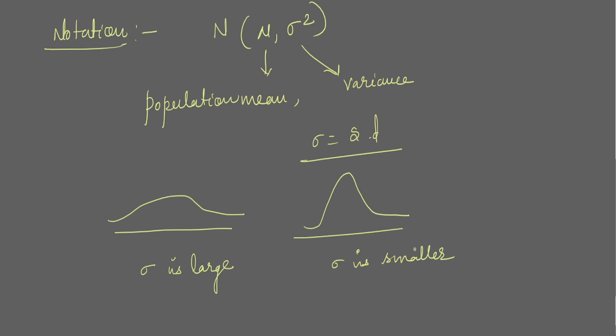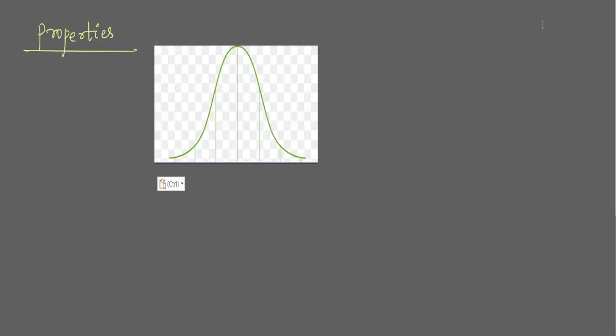Now coming to the properties of the normal distribution. As we know, this is the most commonly used distribution, and the shape of the curve is a bell-shaped curve, and it depends upon the standard deviation sigma.